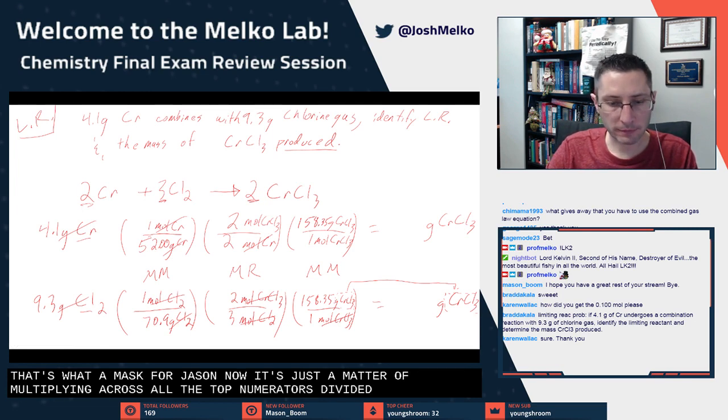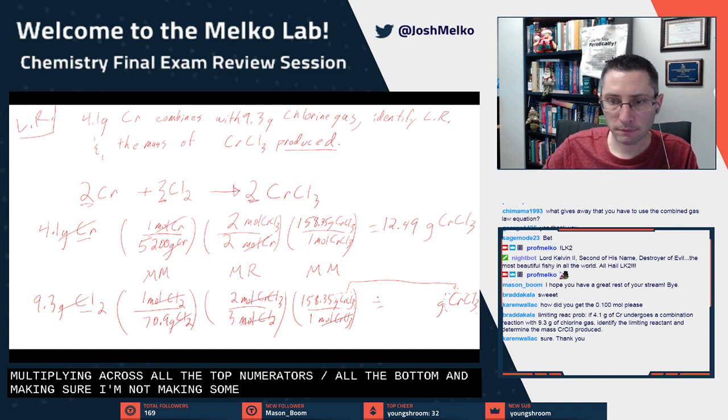Now it's just a matter of multiplying across all the top numerators, dividing by all the bottom, and making sure I'm not making some silly mistake here.